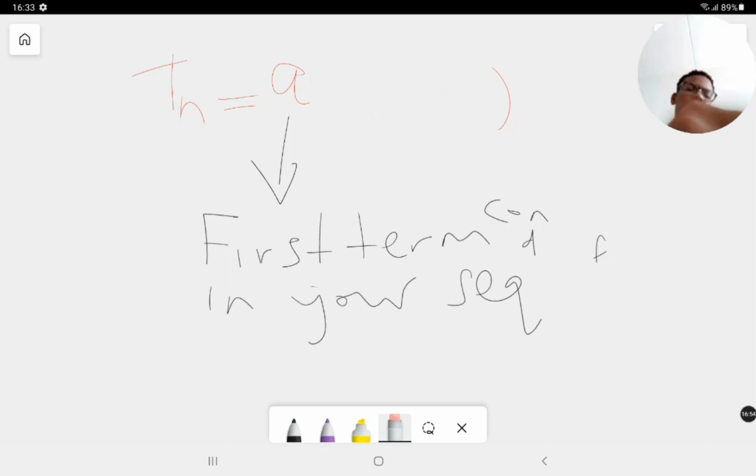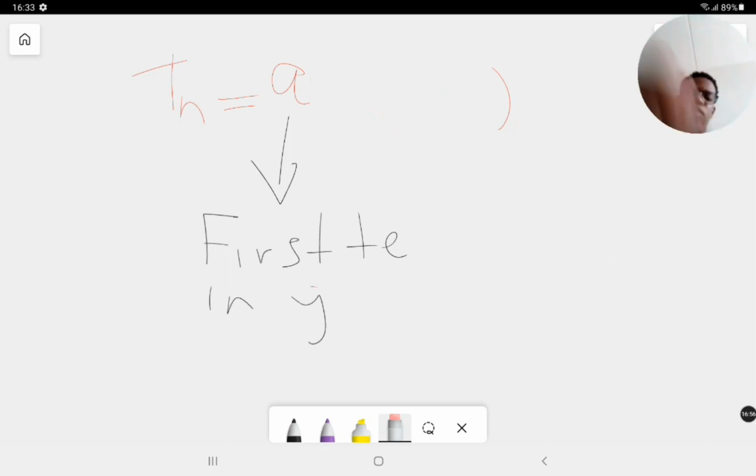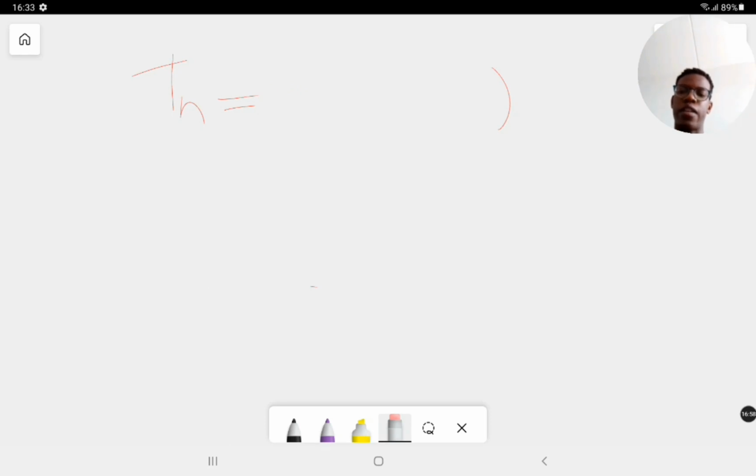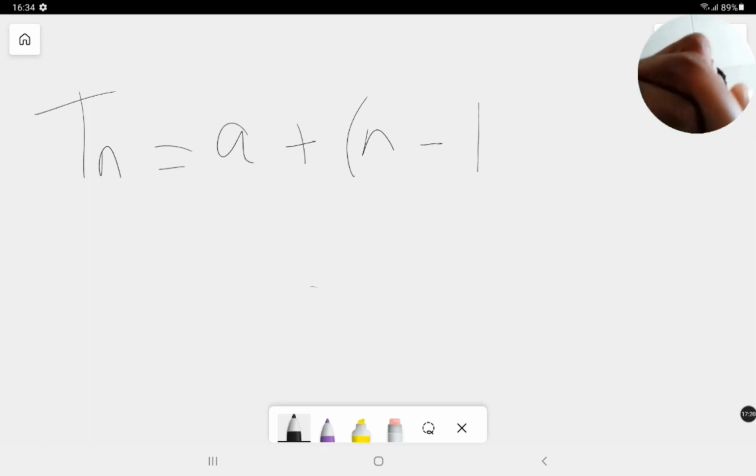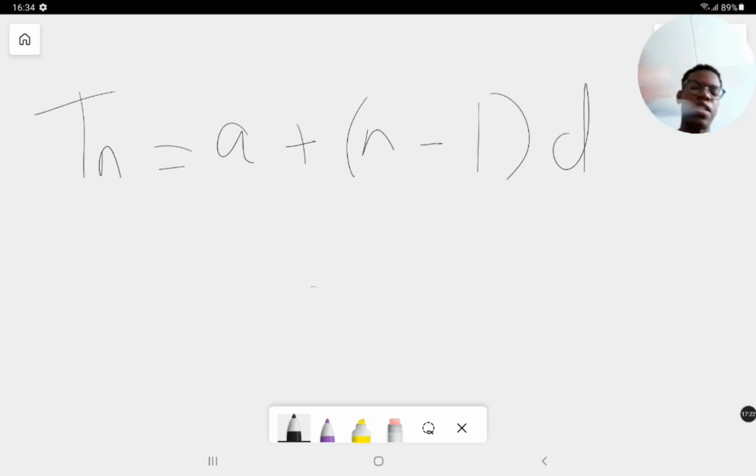I'm just going to rewrite this formula nicely so that I have more space, then I'm going to describe it further. So let's write it out again. You've got Tn is equal to the first term, which we call A, plus open bracket n minus 1 close bracket times d.